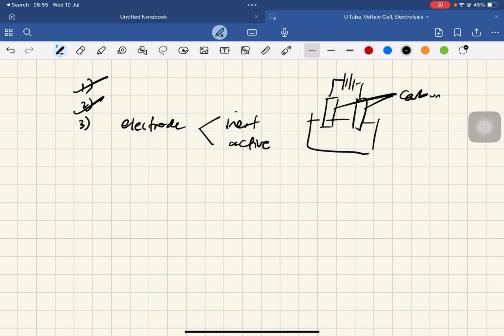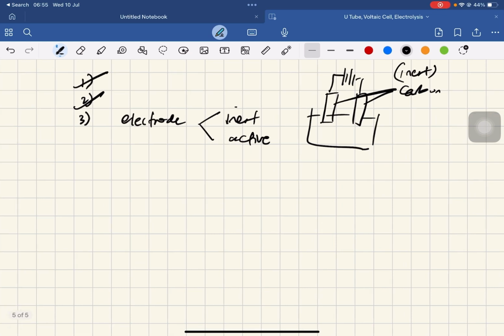Carbon. So that is inert electrode. Okay, now kalau active ni macam mana? Active meaning other than carbon lah, other than carbon.